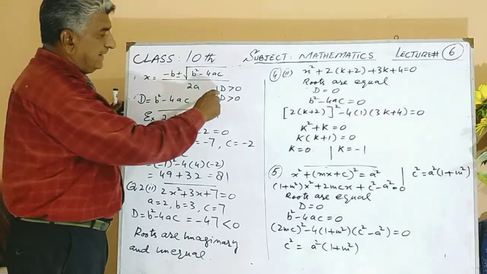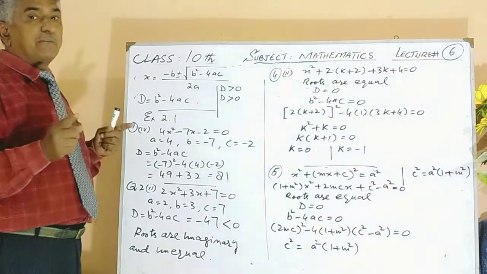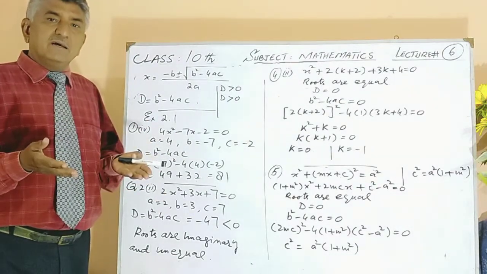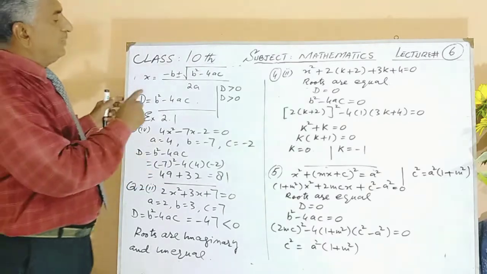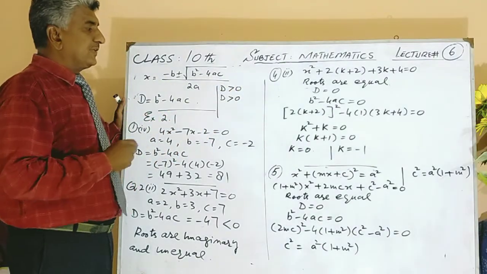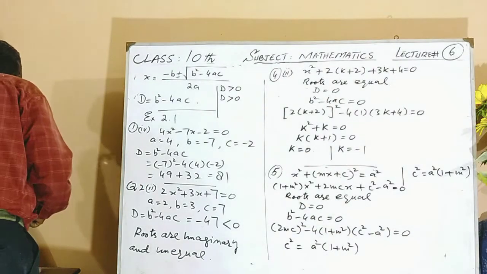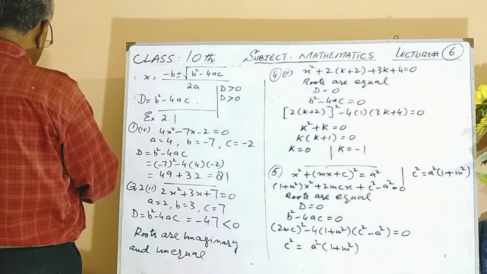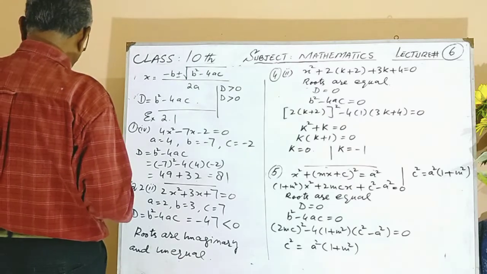Very important point, d is positive and perfect square. Perfect square means the value is 16, 9 or 25, for example. If you get the value of d positive and perfect square, in that case roots are unequal and rational, or you can say real.